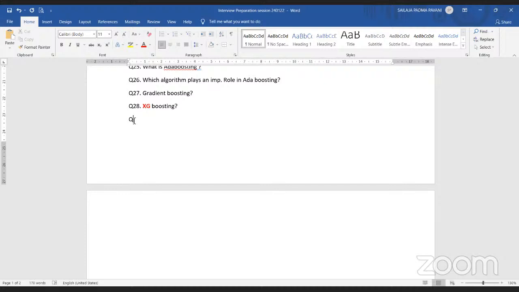My question is, what is the importance of XG boosting? Why is XG boosting so important? Do you know the reason?